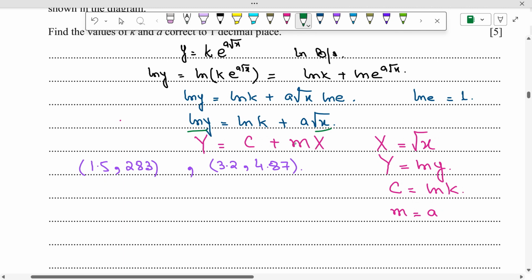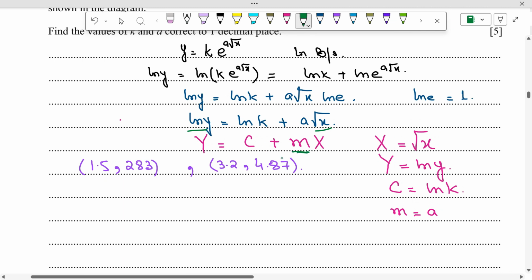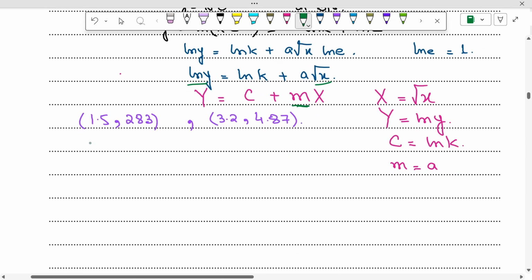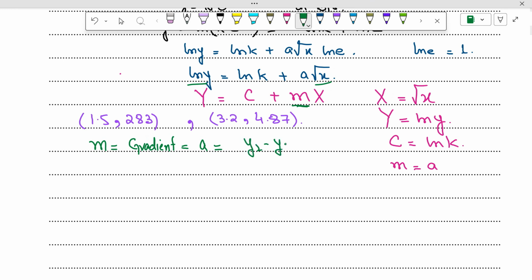We can find the value of the gradient m by using these points. So m, which is the gradient and also equals a, is equal to (y2 minus y1) over (x2 minus x1), where this one is x1, y1, x2, y2.